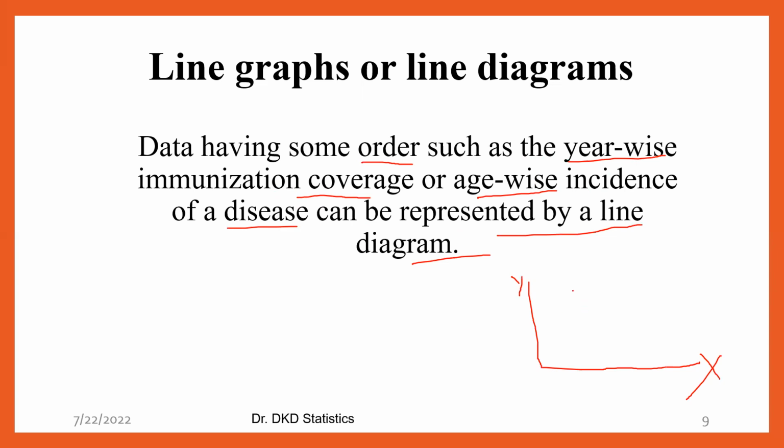Here we put values of x and values of y from the data set. Some points will be plotted like this, and the resulting graph is known as a line diagram.